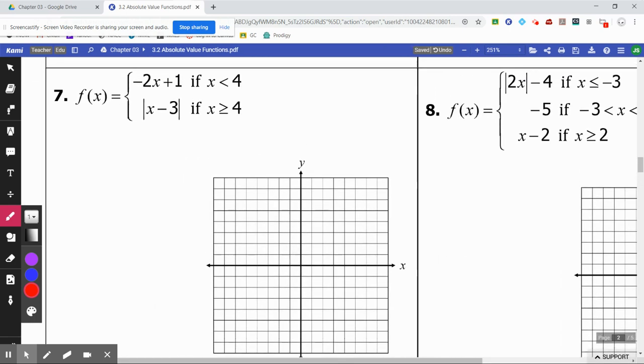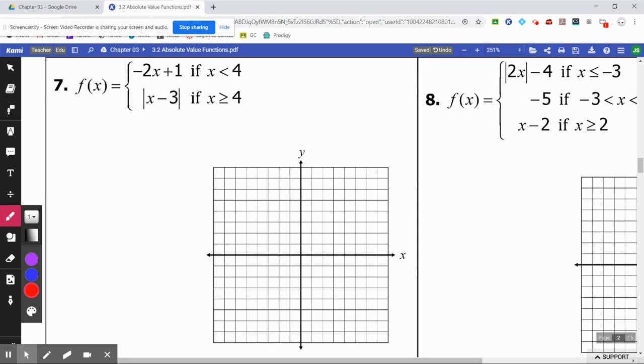Number 7. We've got a piecewise function. So let's see if we remember how to graph a piecewise function. Our division point here would be 4, so I'm going to draw a line at 4 to keep our two sections separated. The first part of my graph, I'm graphing in the section to the left of 4.